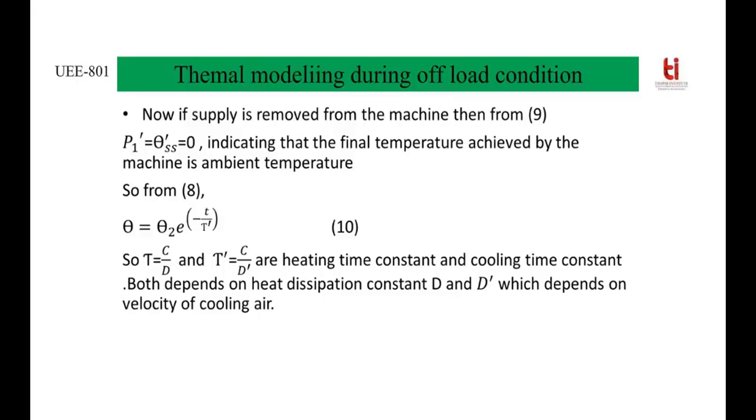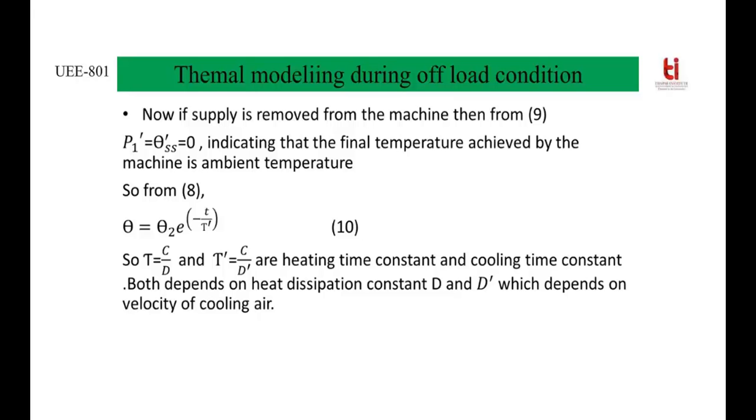So it is observed from thermal modeling of the machine during onload condition and during offload condition that the heating time constant and cooling time constant both depend upon the specific heat of dissipation. Tau is equal to c by d and tau dash is equal to c by d dash. Now this specific heat of dissipation can be increased or decreased.